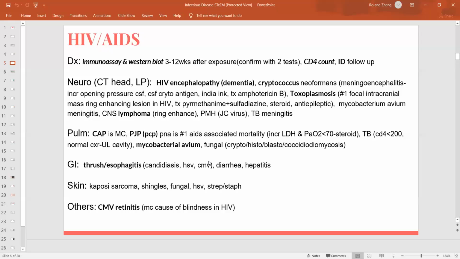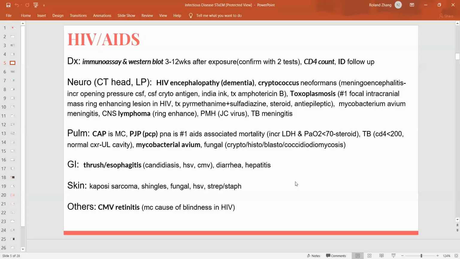And if their LDH on the CSF analysis is increased, and they have a PaO2 of less than 70, you've got to start them on steroid because that will decrease mortality. Mycobacterium avium pneumonia is also common in these patients, but less than, I would say, 10%. And of course, since they're immunocompromised, don't forget about fungal infection as well.